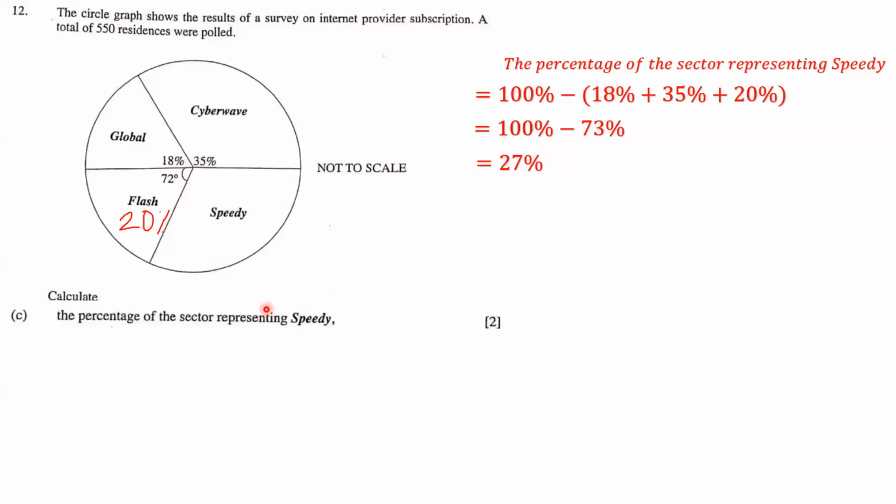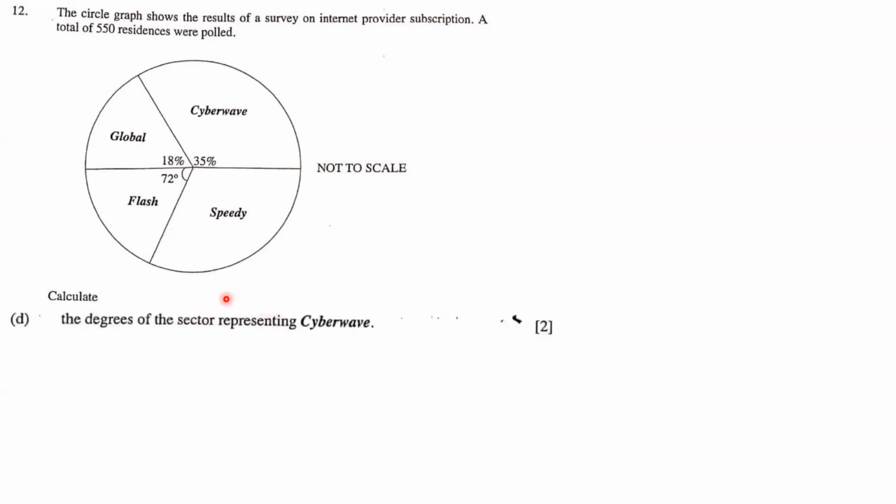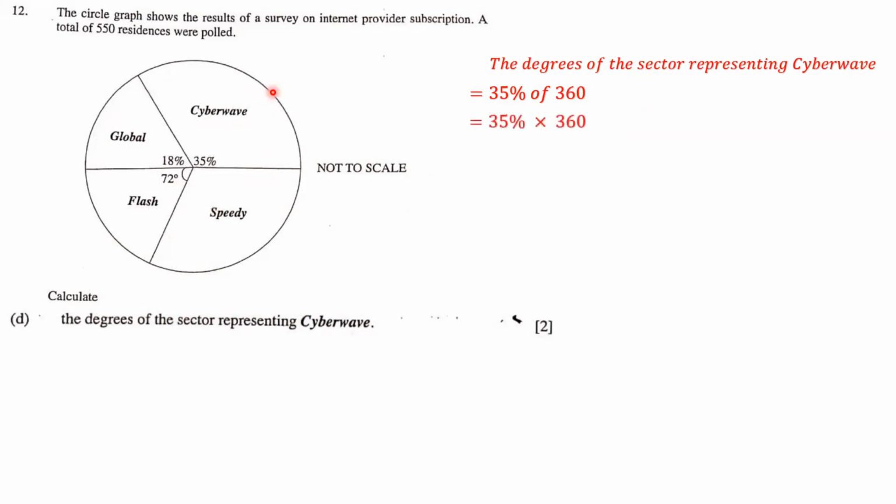Okay, so let's move on to the next question. We will calculate the degrees of the sector representing Cyberwave. Well, we know that Cyberwave accounts for 35%. And so that's going to be 35% of 360, seeing that 360 is the total amount for the angles. We know that 35% of means multiply.